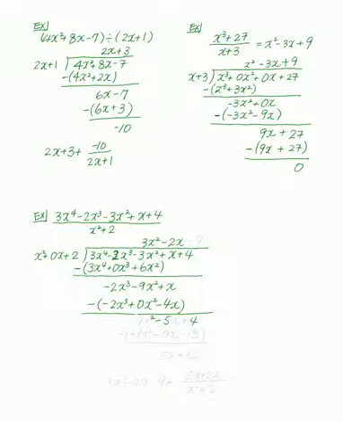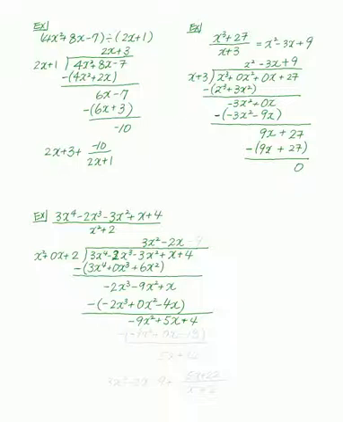Negative 2x to the 3rd minus negative 2x to the 3rd, they cancel. They're gone. That's 0. Negative 9x squared minus 0x squared is just negative 9x squared. X minus negative, or plus 4x, is going to give me x plus 4x, which is 5x. And I'm going to bring down plus 4.